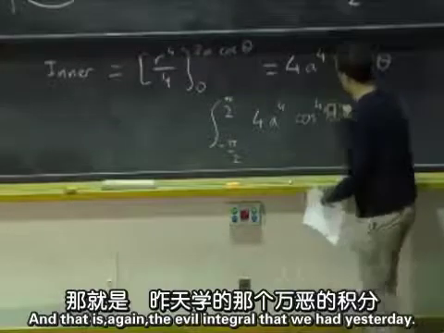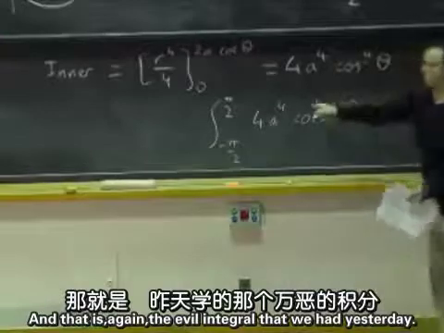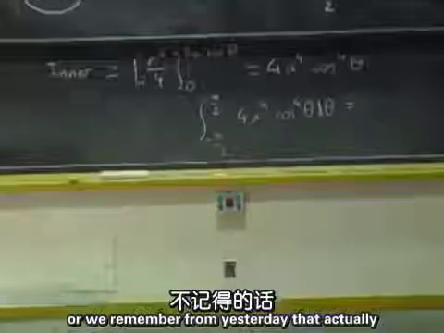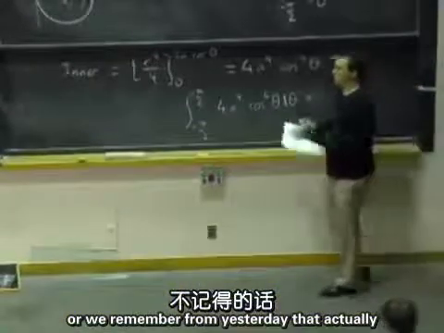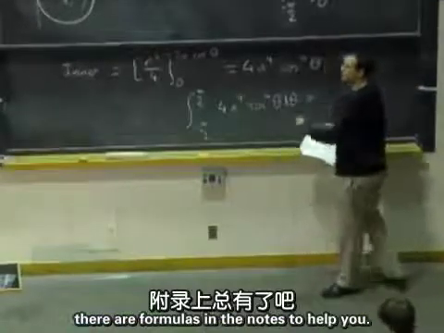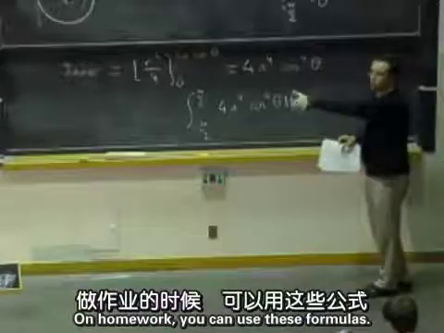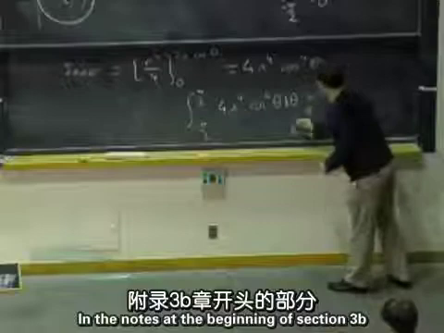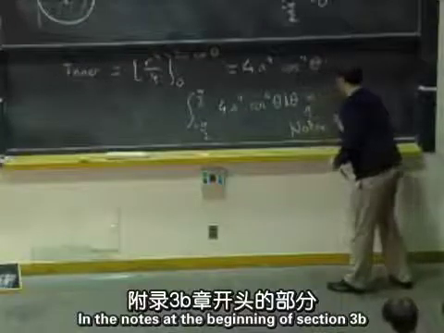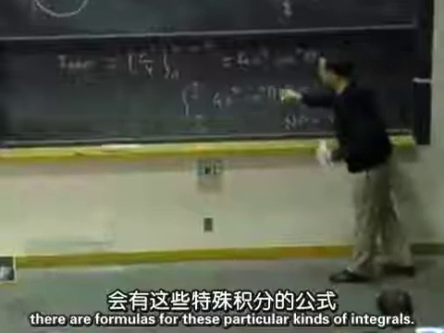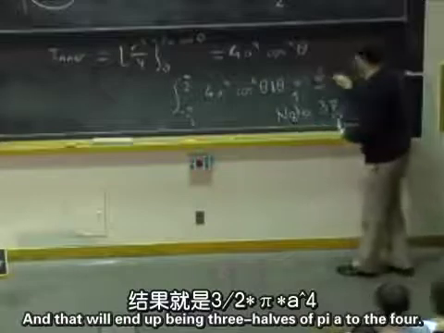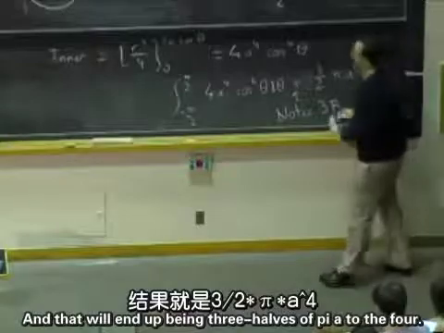And, well, that's again the evil integral that we had yesterday. So either we remember the method from yesterday, or we remember that there are formulas in the notes to help you. So on homework, you can use these formulas in the notes. At the beginning of section 3B, there are formulas for these particular kinds of integrals. And that will end up being 3/2 of pi a to the 4.